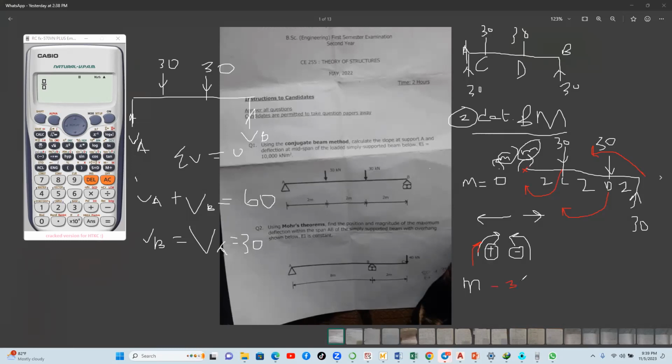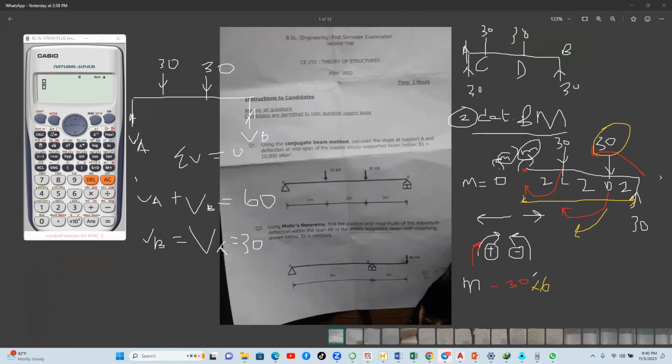So it's negative 30 times the distance from here. That's where you are taking your moment, to where the force is acting. So 30 by 6. Then the moment caused by this 30 is in this direction.